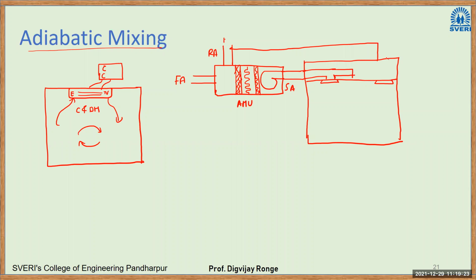This return duct takes the return air from the room and supplies it back to the AHU. So we have fresh air, return air and supply air. Supply air is supplied with the help of supply diffusers. The return air is collected and passes through the return air duct, then is supplied to the AHU. So you can see there are two streams coming together, fresh air and return air, and we are getting one outlet, the supply air.